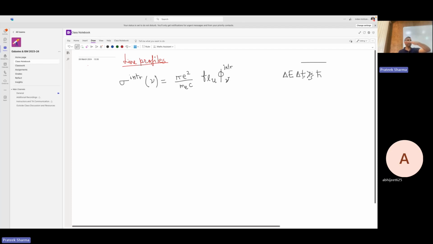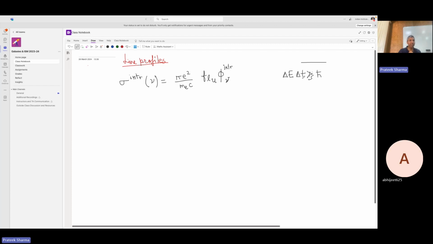If the lifetime of a state is very, very long, your delta E is very small. The width in energy of that energy level is small. This line width corresponds to the intrinsic line profile.